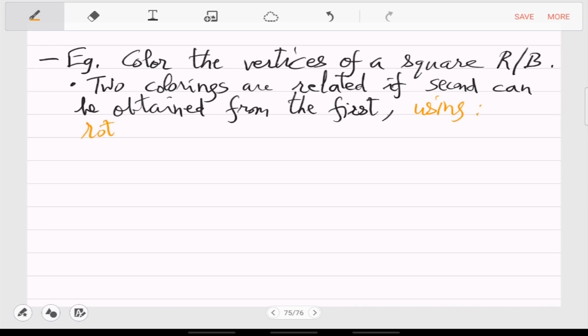So you rotate the square or you reflect, which means you reflect along the median of the square. There are two ways, or you use rotation and then reflection. Okay, so can you show that this relation is an equivalence relation?